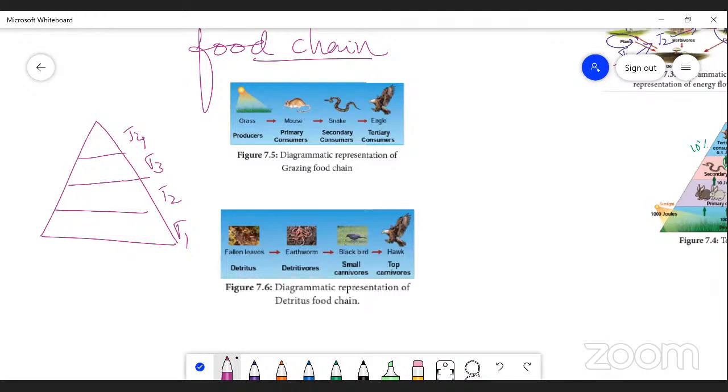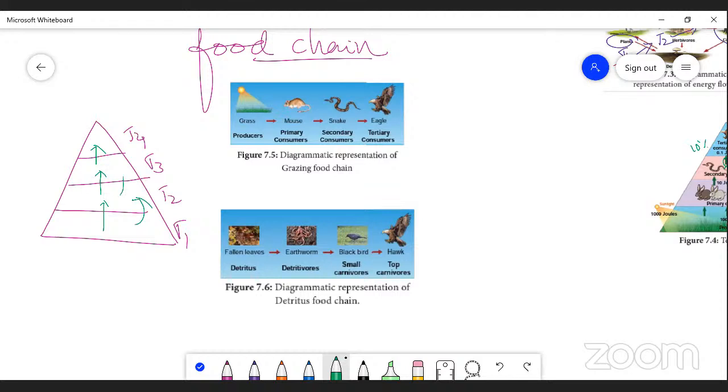So here the food chain is nothing but the moving of energy from one trophic level to another trophic level in an ecosystem. This is called a food chain. So, for example, the food chain is nothing but the transfer of energy from trophic level 1 to trophic level 2. The food material is moved, right?